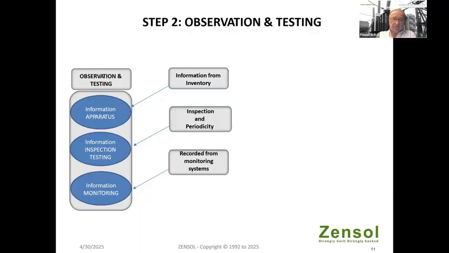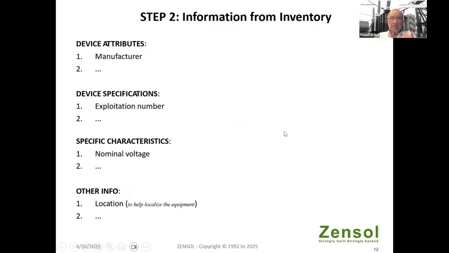This information must be recorded, and also the monitoring, which is recorded from monitoring systems. So the first section is the information from the inventory: device attributes, device specifications, etc. All this information comes from step 1, because if you need to do testing, you need to know what you are going to test.